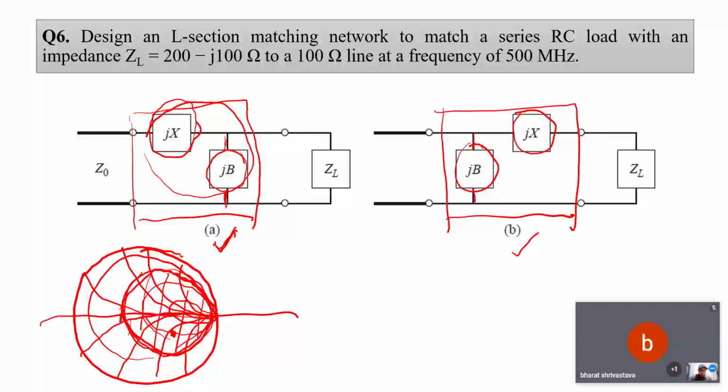That's why we will use configuration A, whereas configuration B we can use when the normalized load impedance is outside this unit resistance circle. Here we will use configuration A. I think it is clear why we are using configuration A here.